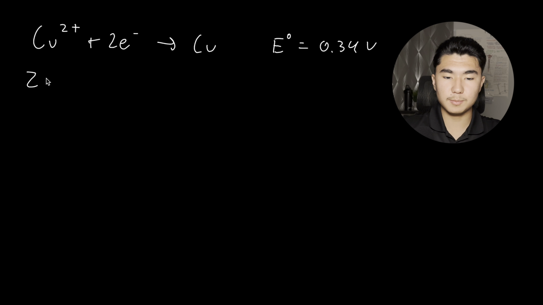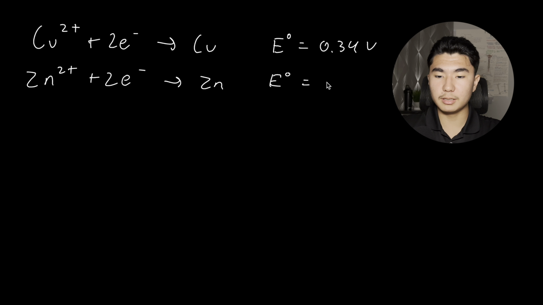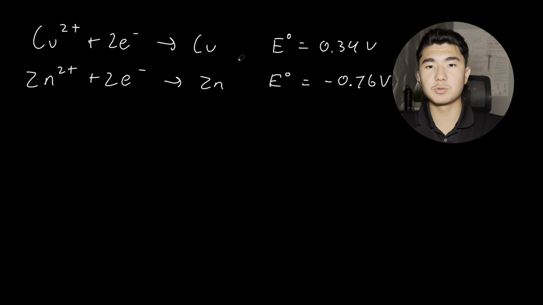On our second reaction, we have Zn2+ plus 2 electrons goes to Zn, and the standard reduction potential for this one is negative 0.76 volts. First, we want to find which one is being oxidized and which one is being reduced.